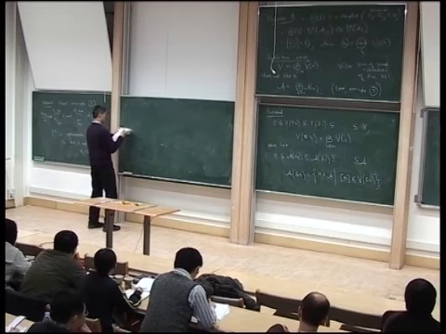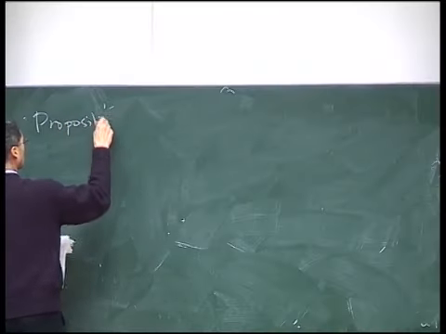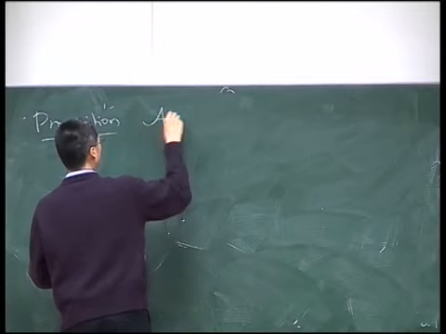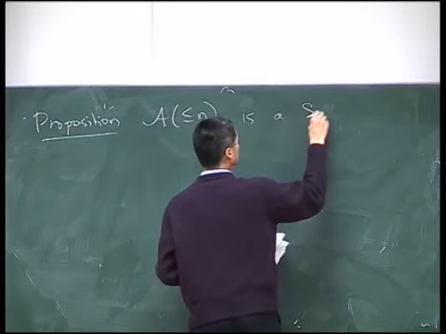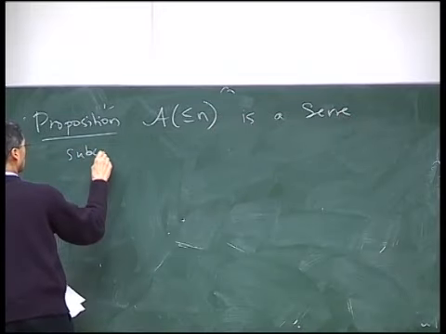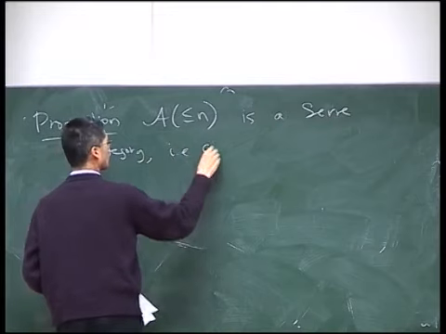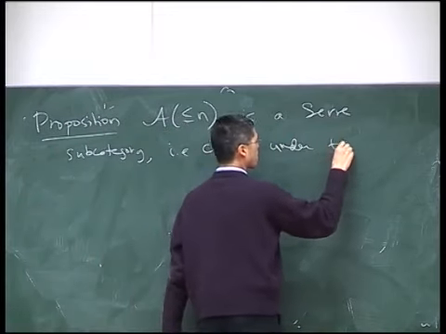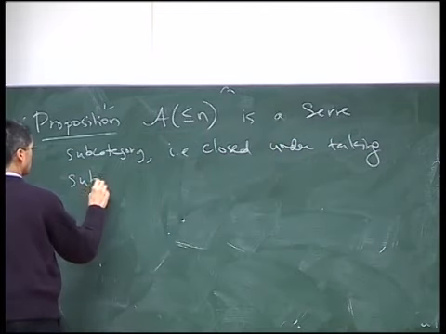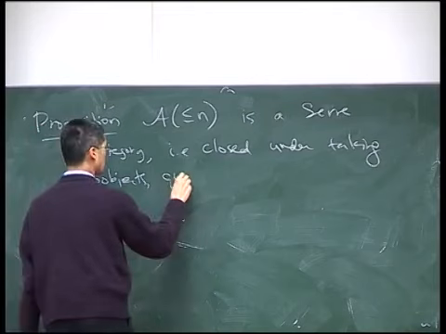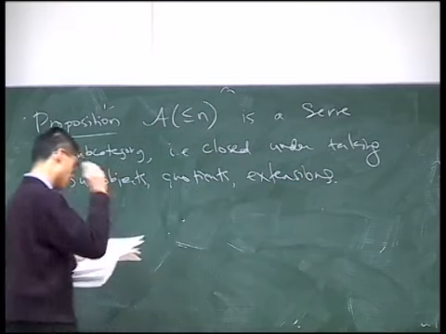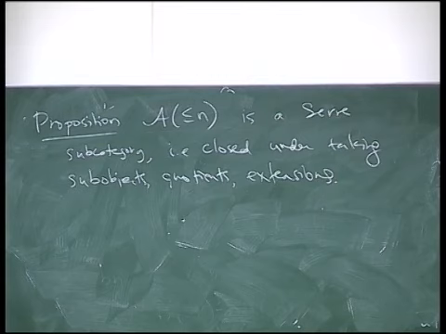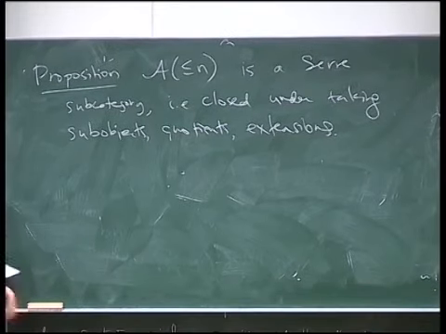Let me just set that down. These parts of this filtration are Serre subcategories, and the good thing about a Serre subcategory is that you can take the quotient by it and get an abelian category.